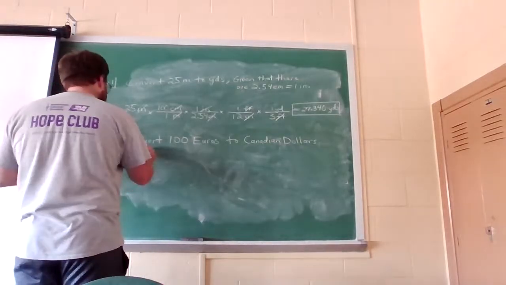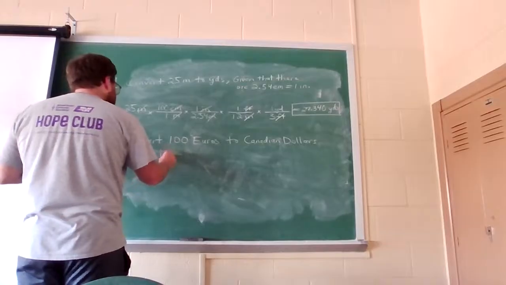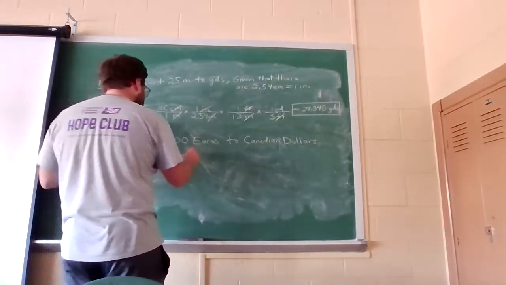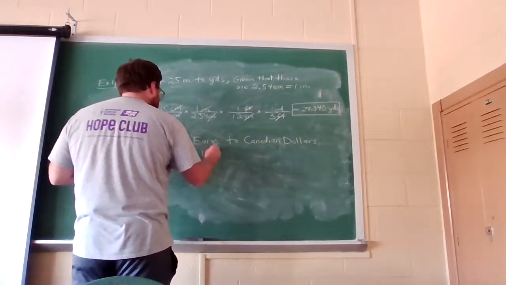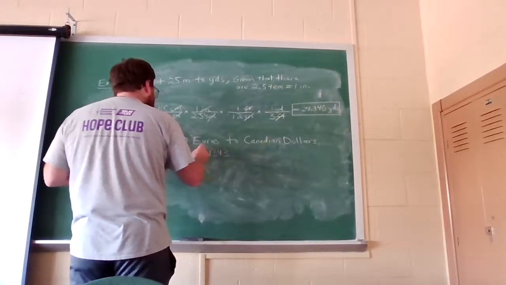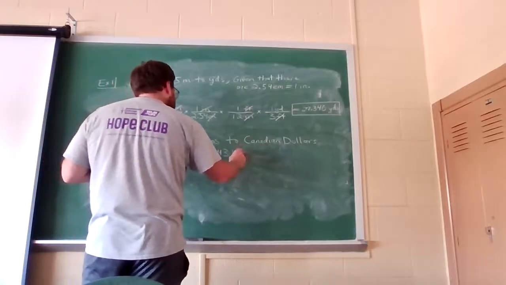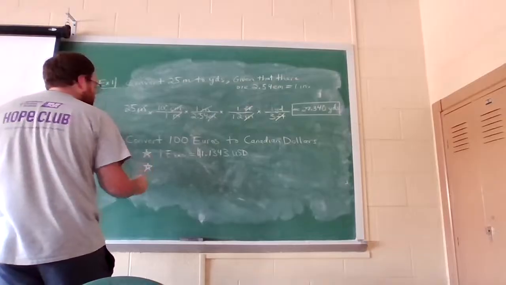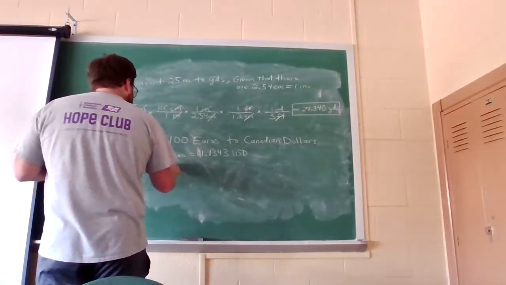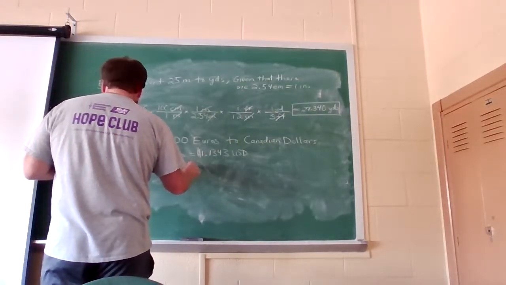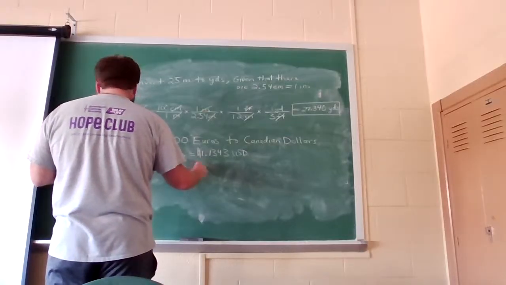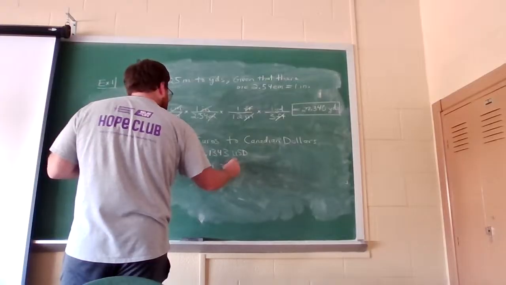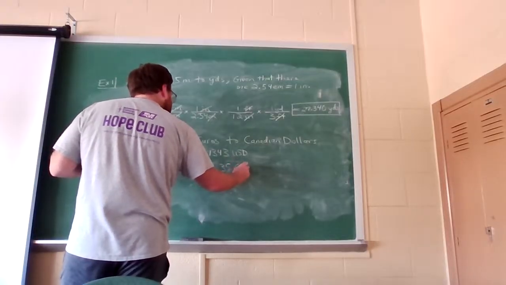This time I'll give you €1 equals $1.1343 US. And then $1 US will equal $1.35 Canadian.